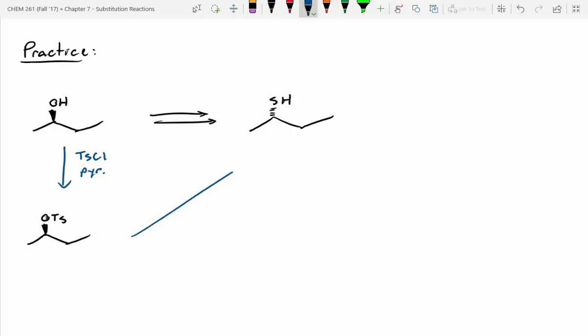And then in step two, how can I get that sulfur to do only an SN2 reaction there? What reagent should I maybe add in? So do you want the sulfur to be negative? Yeah, I'd say we definitely want a negative sulfur. We need a countercation.